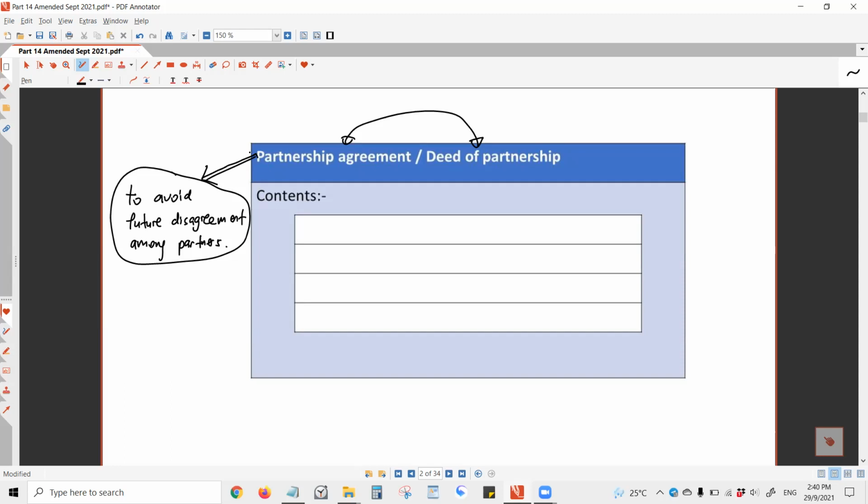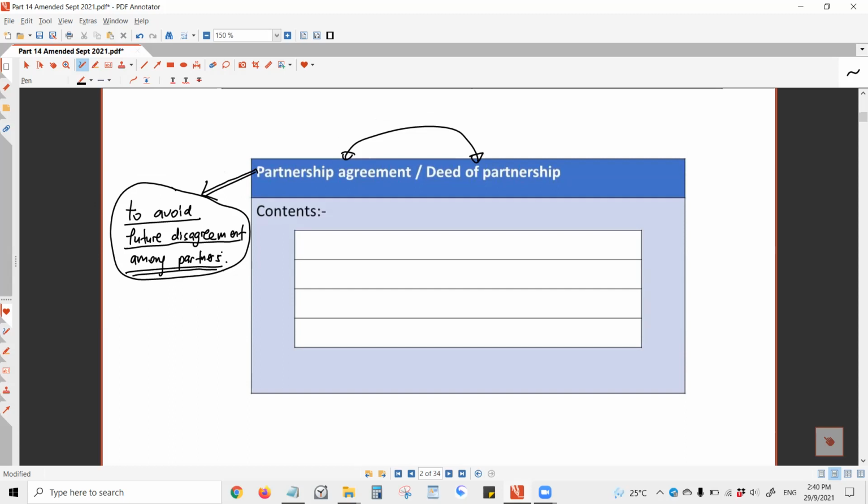This person may tell you that in this month they have put more effort into running the partnership business, so they think they deserve more. We want to avoid such things happening. We want to avoid fighting among the partners. That's why you need to have an agreement. Makes sense, right? So this one you must know to write. There's no other answer, only this answer: avoid future disagreement. That's why you call it an agreement.